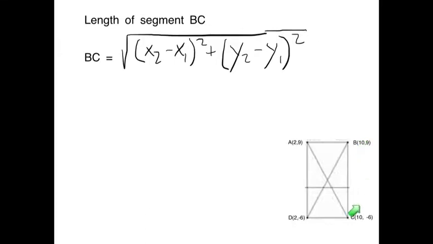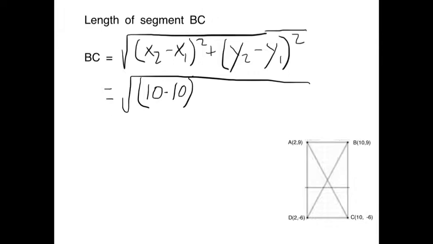This time we're looking at BC, the vertical line segment on the right-hand side. Plugging in all the x and y coordinates, we get 10 minus 10 squared plus 9 minus negative 6 squared.